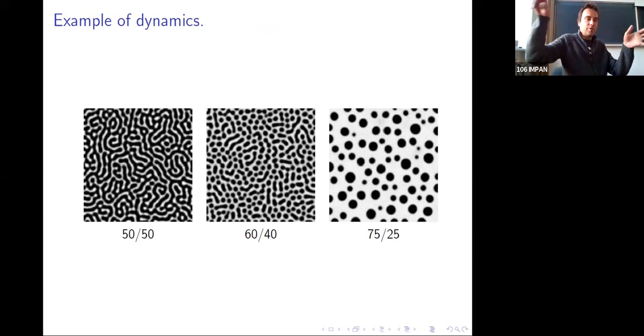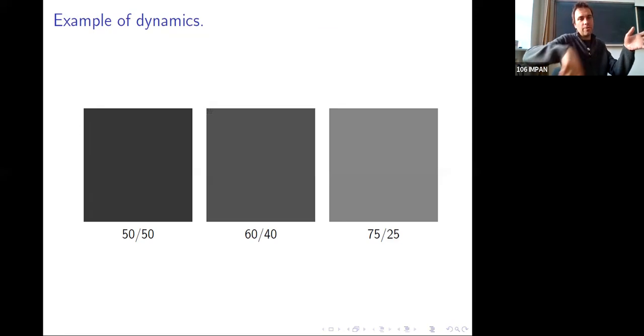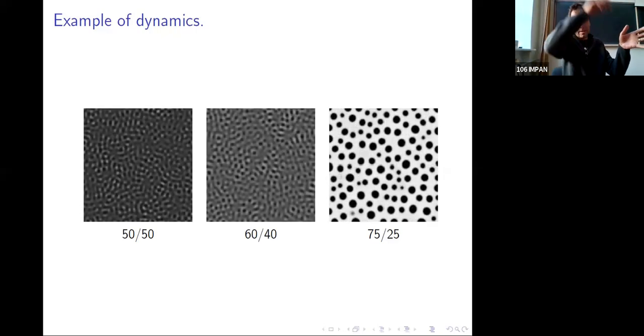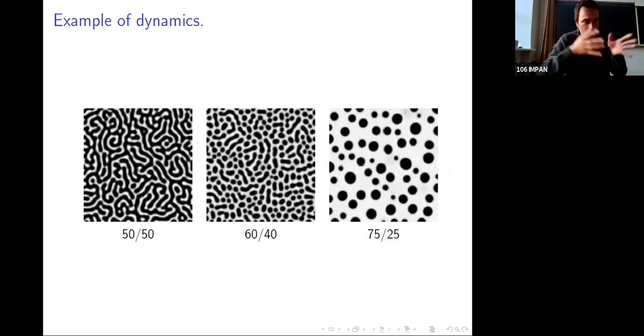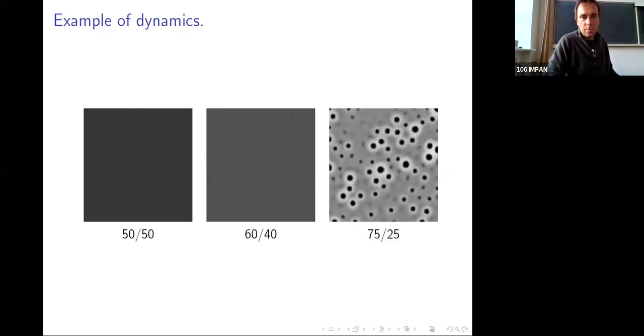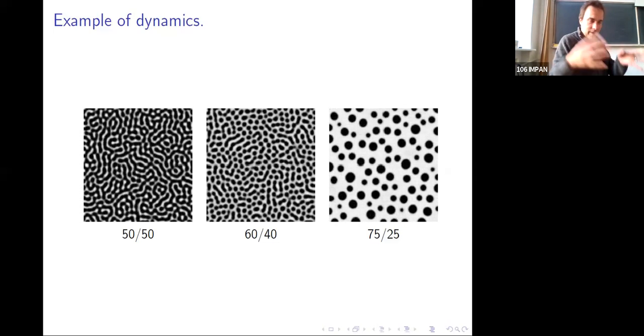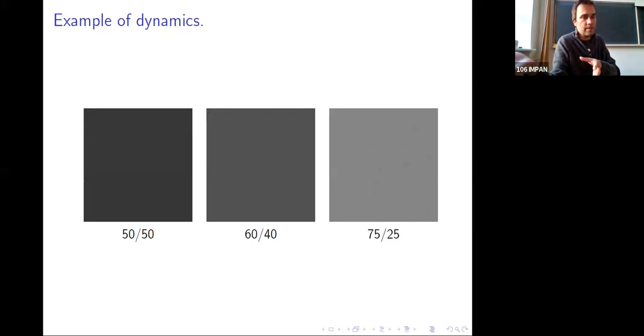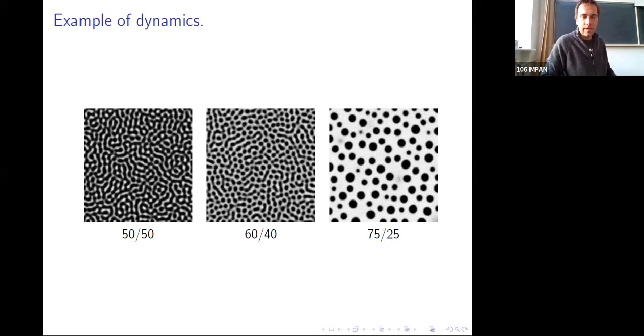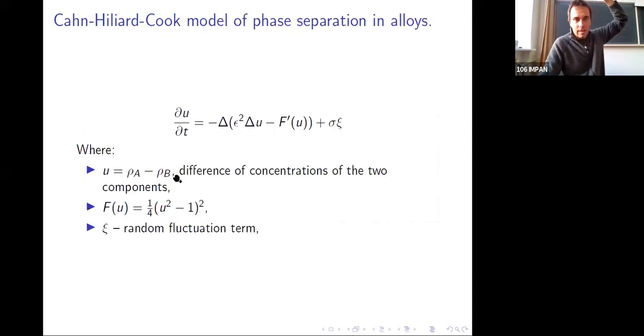We are varying the temperature. We are heating up the material, cooling it down, and doing it many, many times. So essentially, the plot of the temperature is just a sinusoid. And once you do it a lot of times, you get the separation of phases. Atoms of one component group together and atoms of the second component group together. Looking at this concentration, if that difference is zero, it means that locally at that point, we have 50% of one material, 50% of the second material.